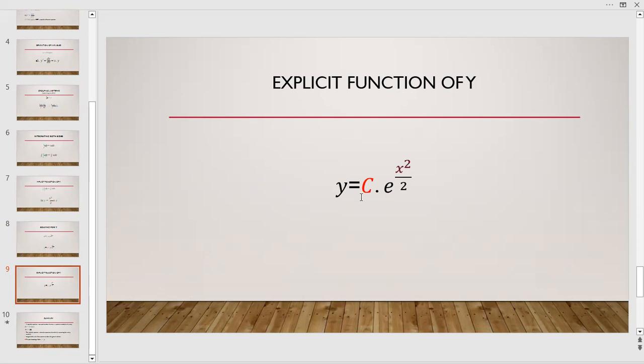Explicit function of y. y is equal to C multiplied by e to power x squared over 2. Yeah, that's the answer that we are going to have. That is y equals C, which is a constant, times the exponential x squared over 2.